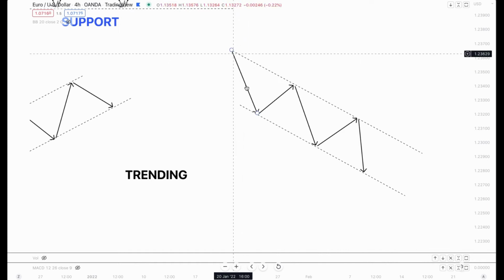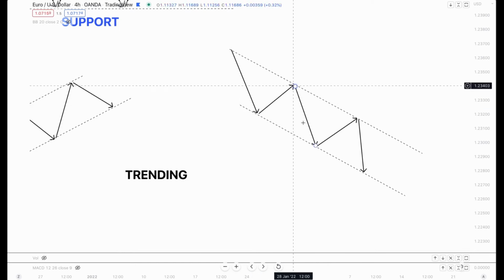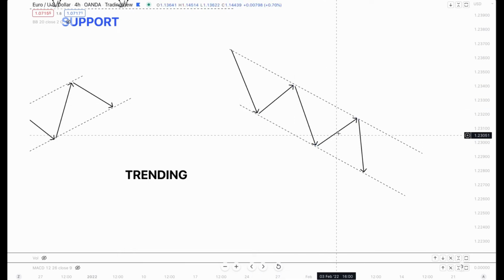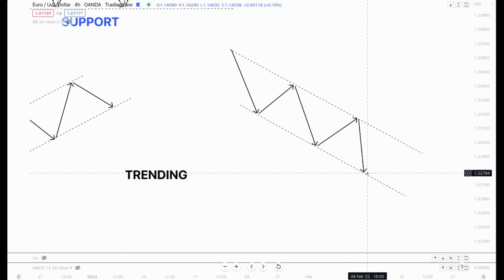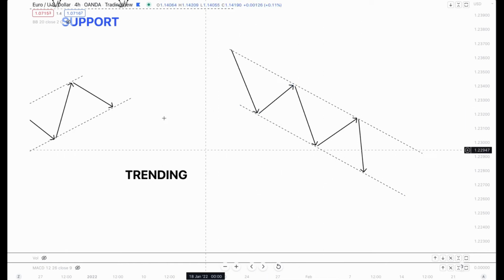A sharp move south, and we consolidate and cool off. Then another move down, we consolidate and cool off. Then another move down. This is how we consolidate. And we can see this all within our trend lines. A trend line at the top of resistance and a trend line at the bottom for support.